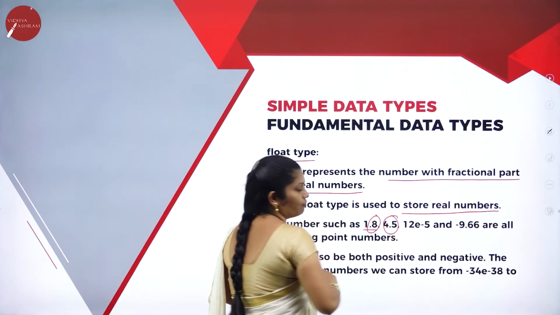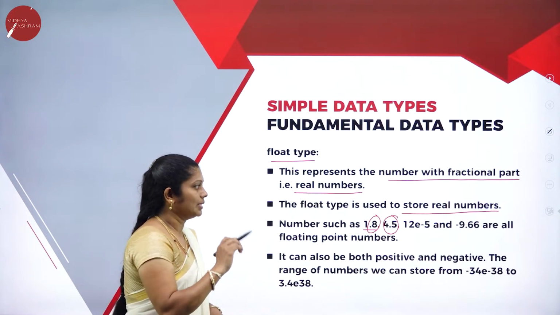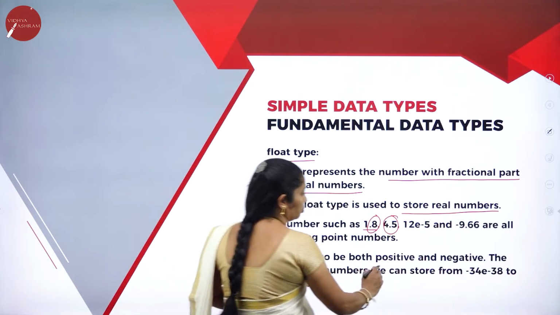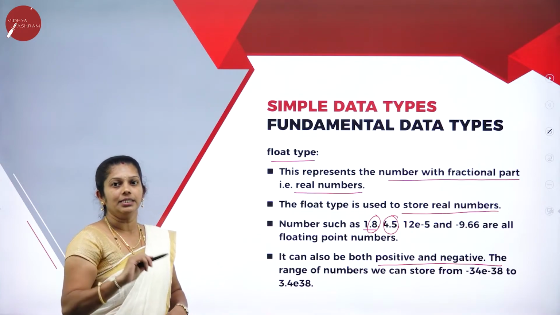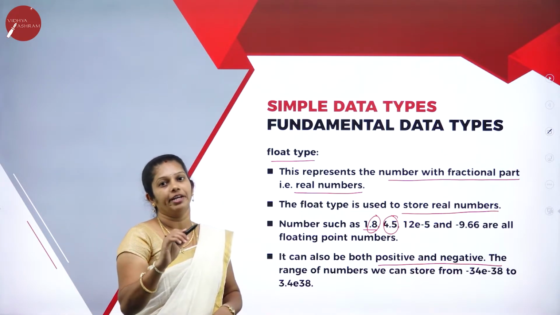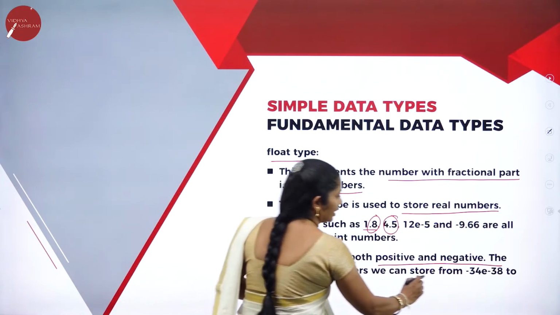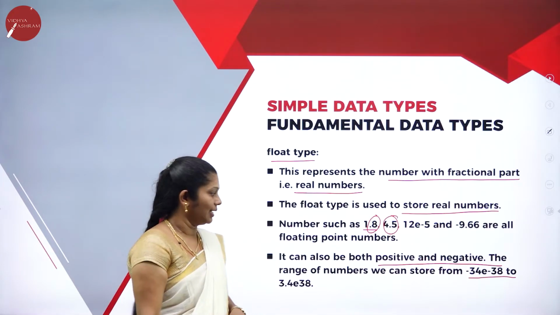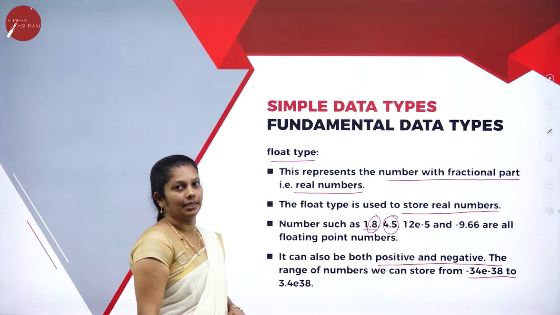12 e to the power of minus 5 is also of type float. That means we have the fractional part. It can be both a positive as well as a negative number. In integer also it may be positive or negative. The range of numbers we can store is minus 3.4 e to the power of minus 38 to 3.4 e to the power of plus 38.